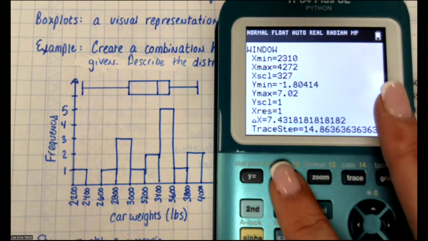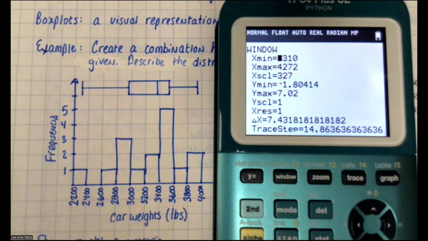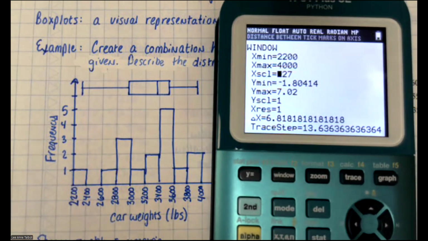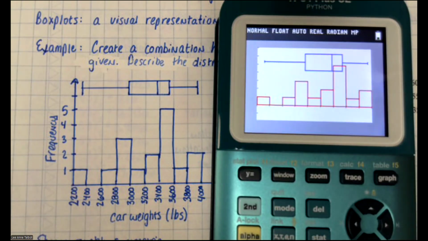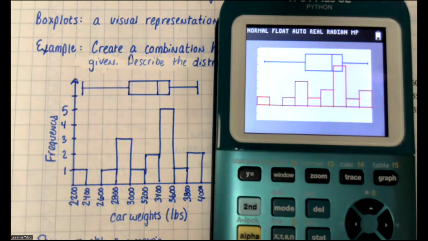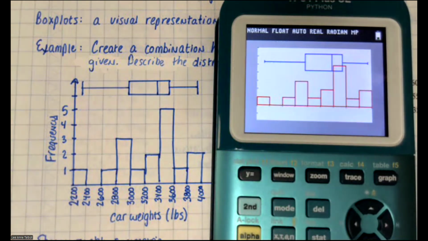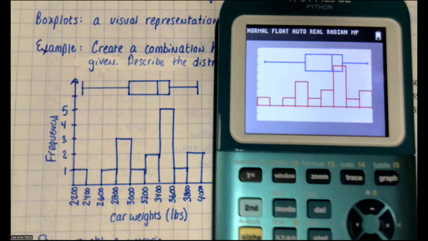So if I change my window, there it is. Look at the beauty of my combination histogram box plot. Can you all look at the beauty of my combination histogram box plot that I made on my calculator that matches the one on my paper? Oh, the flawlessness of it.